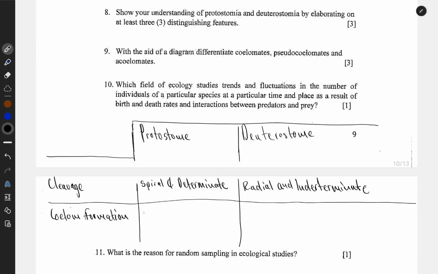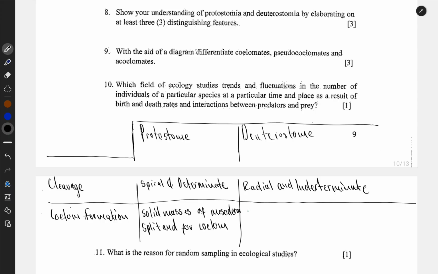So we can say solid masses of mesoderm split and form cavity. And we can just say coelom, the cavity. So the mesoderm is already there. You just have a hole formed in between the mesoderm, and that will be your coelom, the cavity.